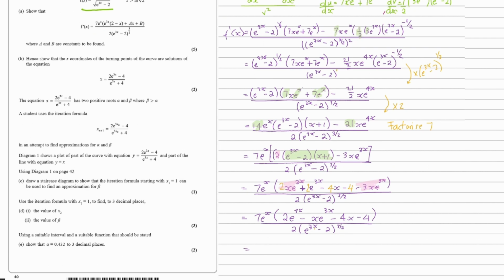For our final step, we've still got 7e to the power x, but in our bracket, we just want to factorize the e to the power 3x. So we'll put e to the power 3x bracket, 2 minus x, minus 4x minus 4 over 2 e to the power 3x minus 2 to the power 3 over 2. And that is in the form that we needed it to be, so we have shown our answer as required.